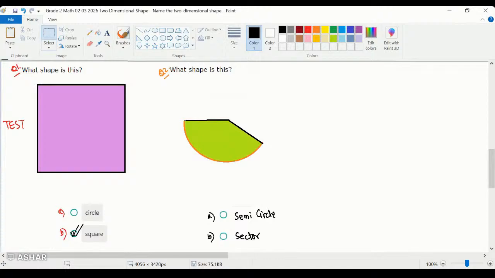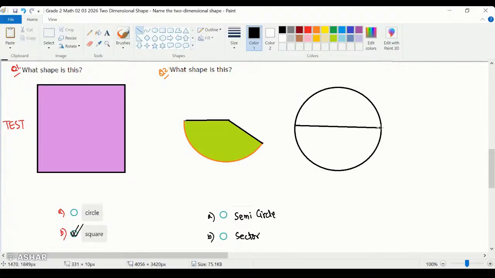Why? Just a moment, please. If I would draw a circle over here, and if I would cut the circle in half, then this was a semicircle.